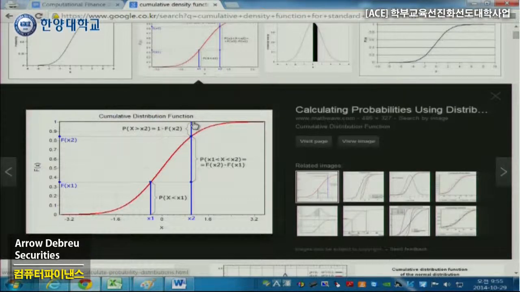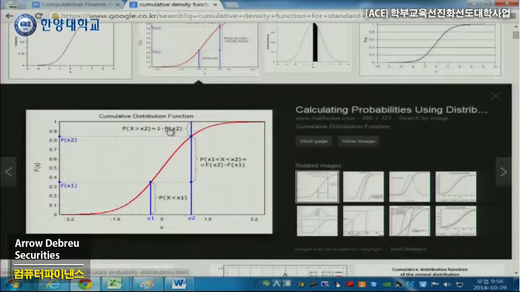The entire height is 1, so if we subtract this from 1, it gives the length of this area, which is the probability that a random number is greater than x2. Natural, right? This part is the probability that a random number is less than x2, and this part is the probability that it is greater than x2.